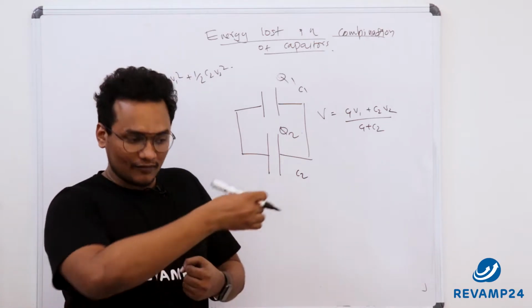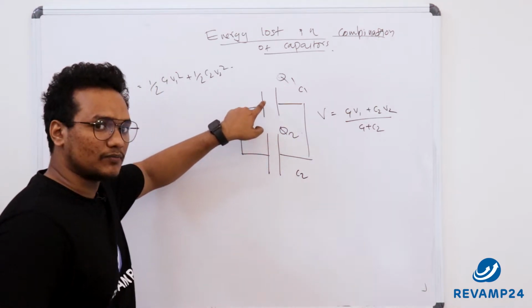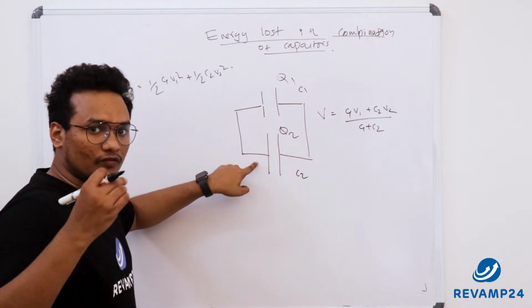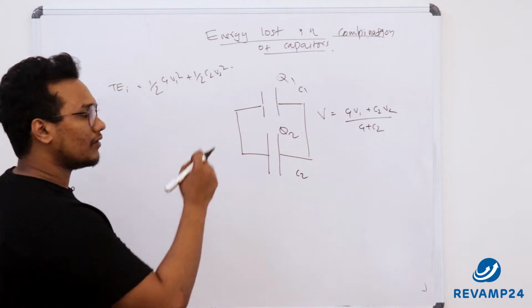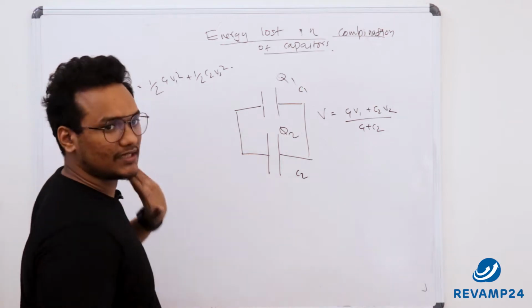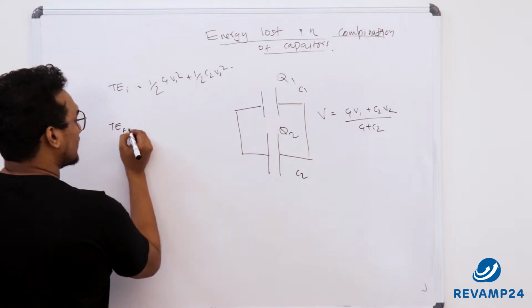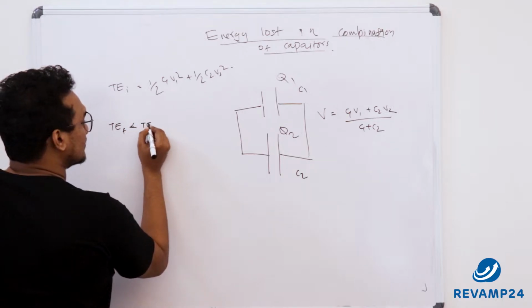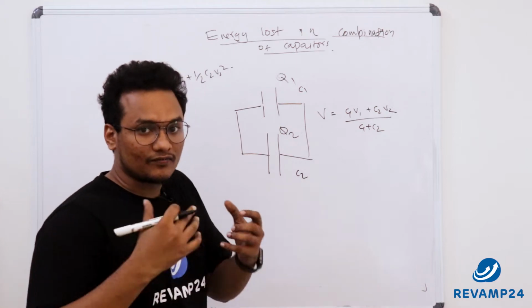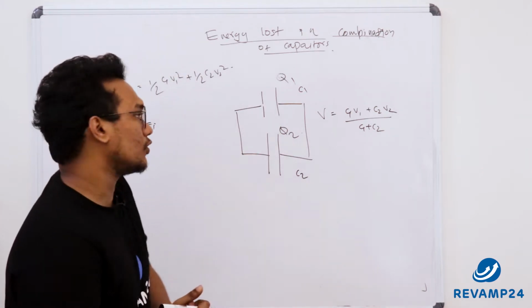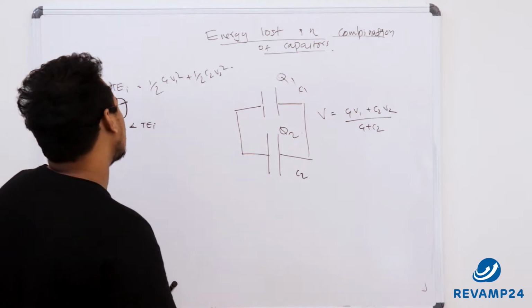Work is done while taking it from one potential to another potential. So from the total initial energy, one thing is very sure, that the final energy, total energy final, will be less than total energy initial, because there is charge transportation here which needs some work to be done.